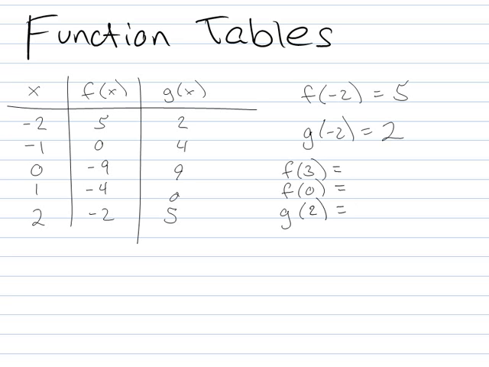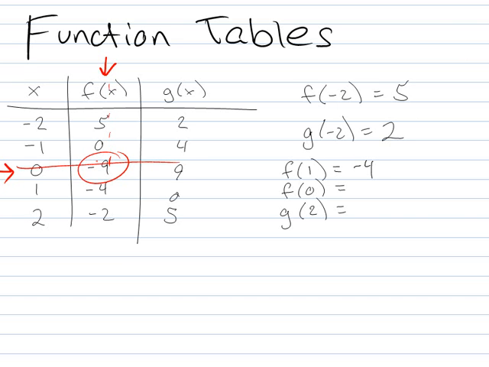Okay. So f of 3, f column. You can't find f of 3. Oh, I didn't give it to you. Sorry about that. How about f of 1? F of 1 is -4. F of 0, still in the f column, so the 0 row.